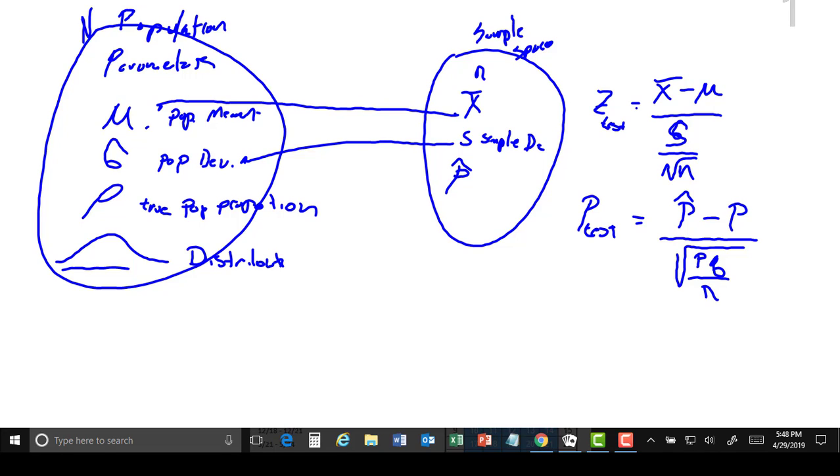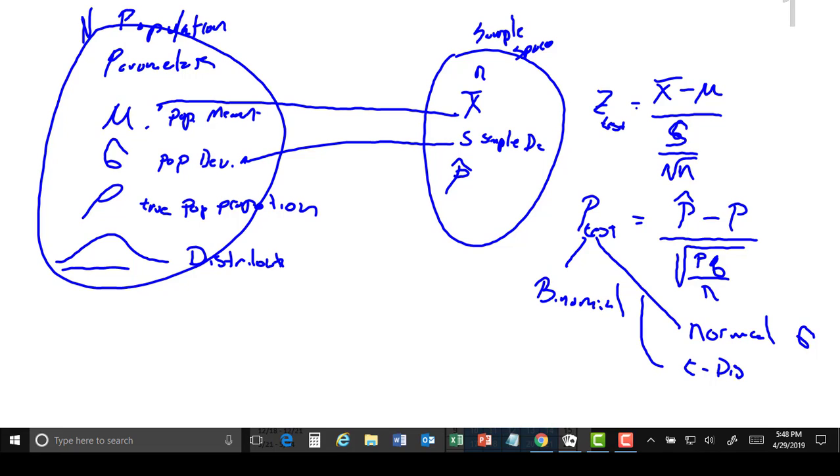So this p-test can be used with a binomial distribution, for which there's a table, or if the sample size is large enough, you can just use the normal curve. You use the normal curve if you know what sigma is, but you can use the t distribution if you're using s instead.